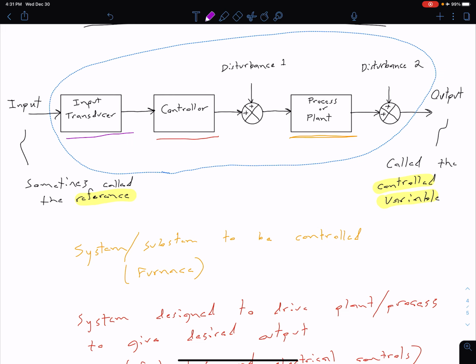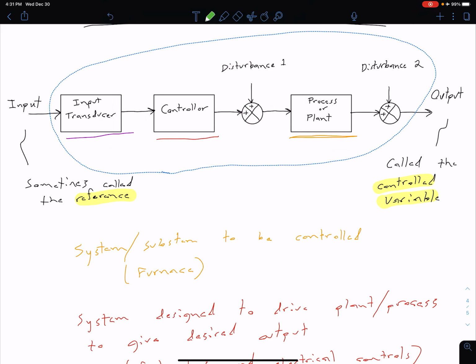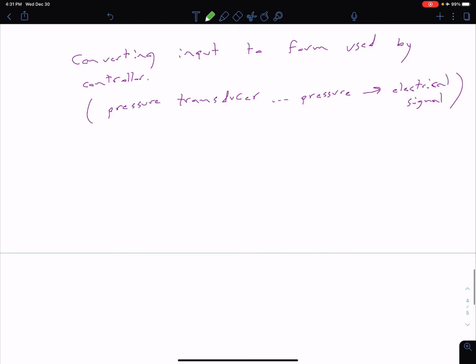A couple of other things to point out here. Those are the main parts, but a couple other important things as well. We have these little circles, divided into four pieces inside, and in each of these two circles we have plus signs in certain quadrants. These are called summing junctions. Summing junctions are locations where we're algebraically summing different signals coming in.